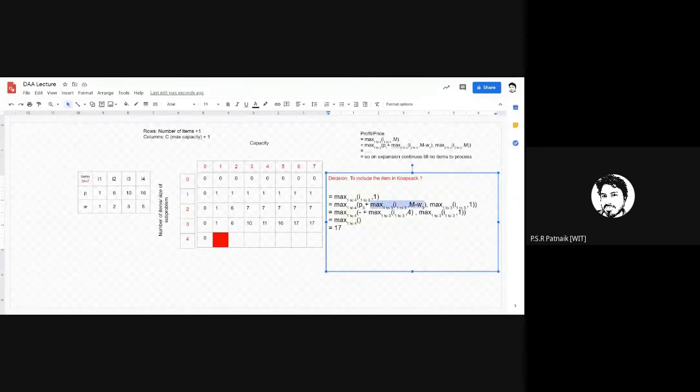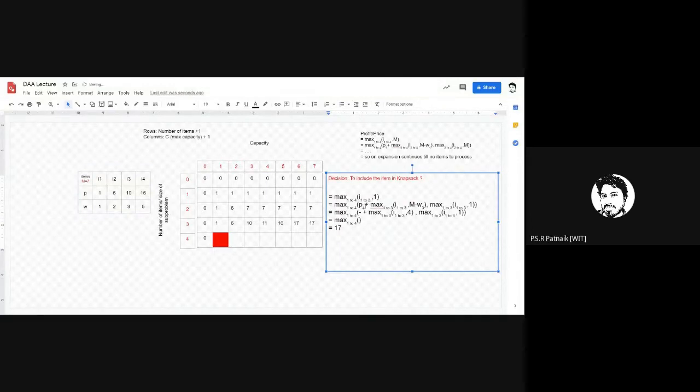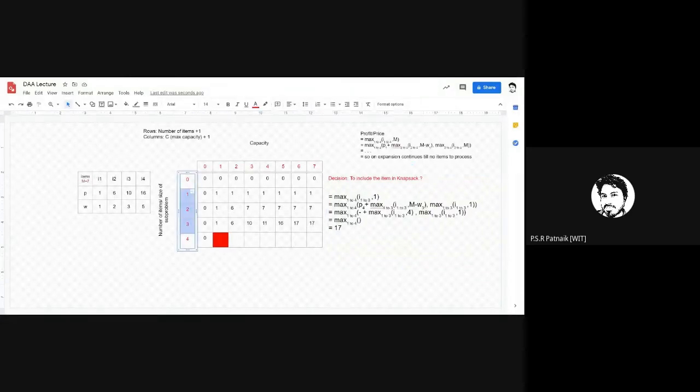This you cannot include because the weight of this item, I think it's not P3, it's P4. So the current item for which you are making a decision is item 4. And for all the subproblems, you already have a solution. This solution is already computed, so you just have to build upon it. Whatever we have solved, you have to build up your solution for 4 items.